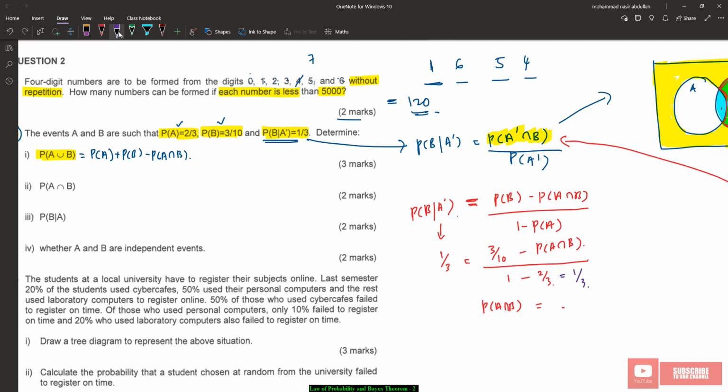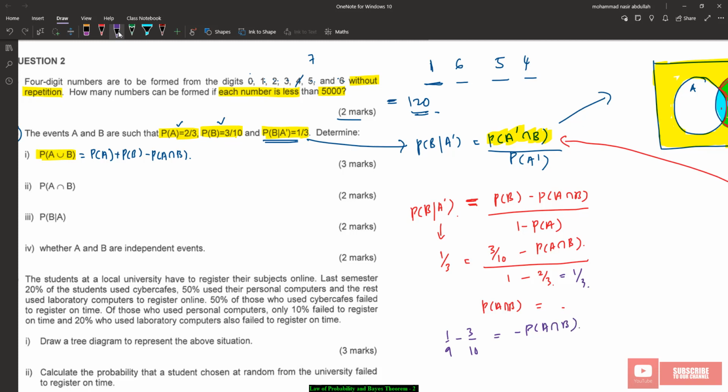So bring it over. 1 over 3 multiplied with 1 over 3 is 1 over 9. Then bring this one over. So 1 over 9 minus 3 over 10 equals negative probability of A intersect B.